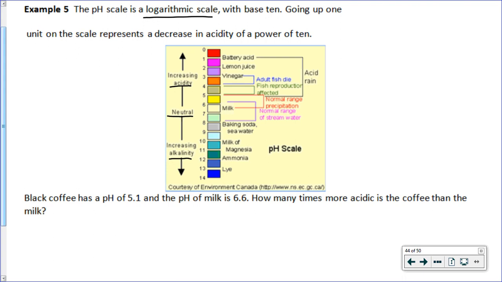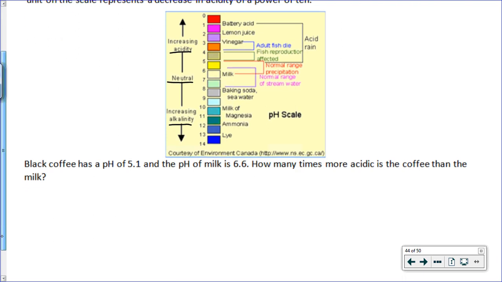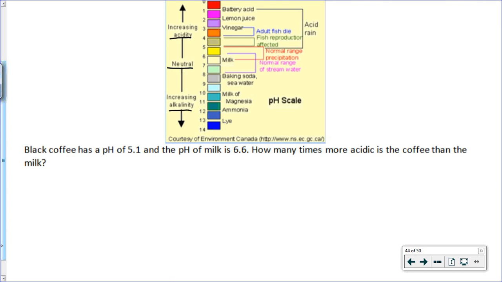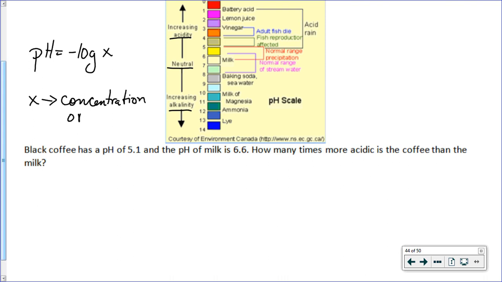So the question says that black coffee has a pH of 5.1 and the pH of milk is 6.6. How many times more acidic is the coffee than the milk? So what we need to do here is apply the pH formula, which is pH is the negative log of x, where x is the concentration of hydrogen ion.